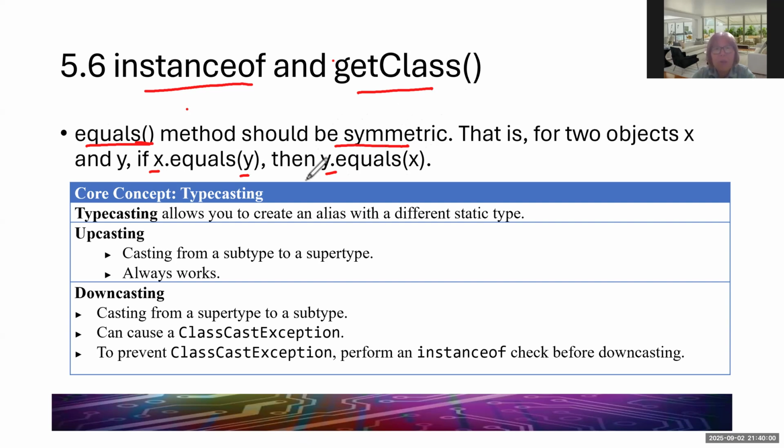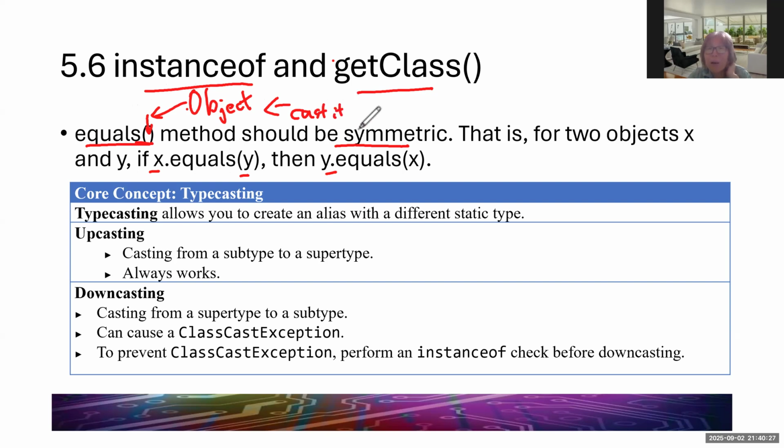If you recall, when we override the equals method, the original equals method comes from the Object class, so its parameter type is Object. That's why when we implement it, we always need to cast it to our own class.